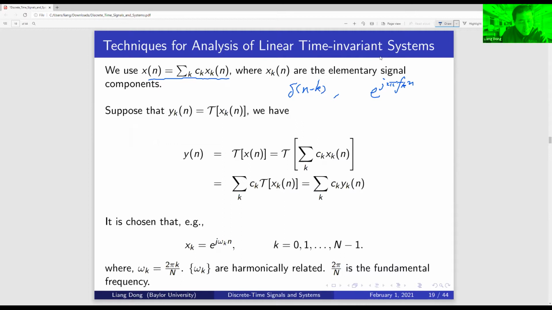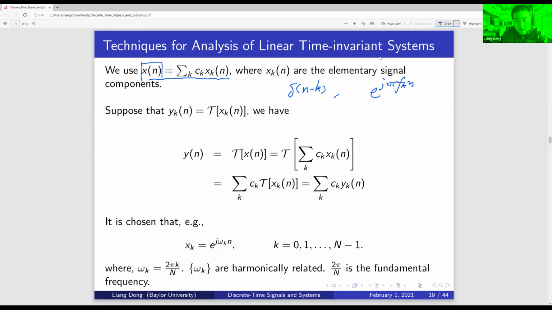I only have a valid non-zero spike at frequency f sub k, and n is an integer. That can be another elementary signal component that can compose my original signal x[n], any arbitrary signal x[n].